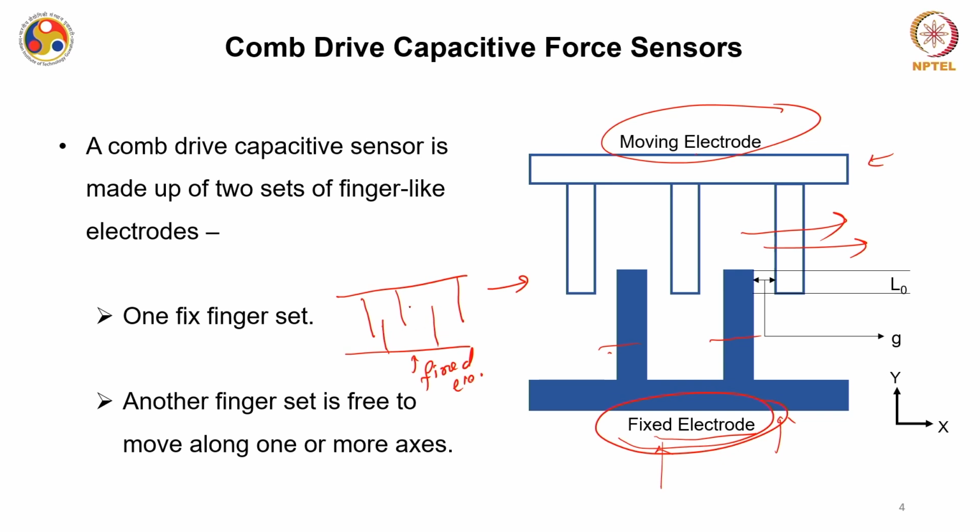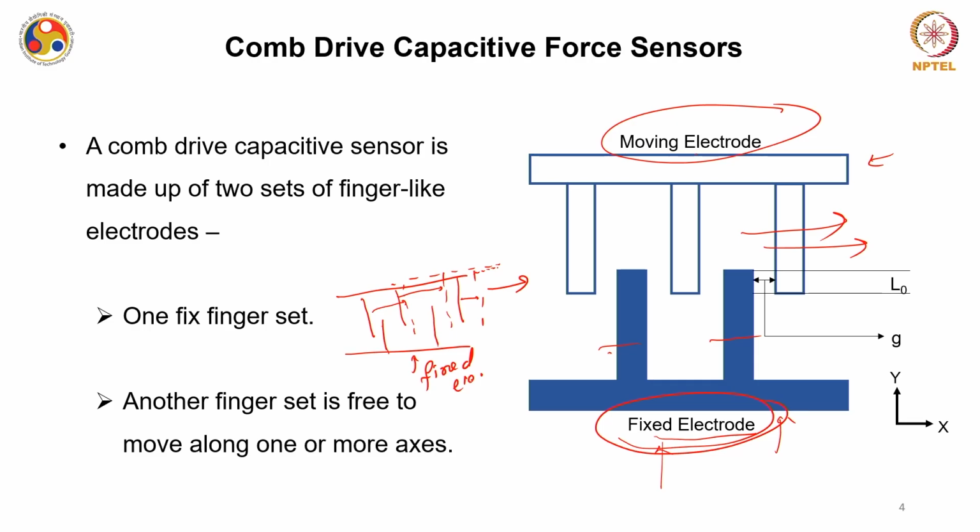Now if it is moving along the x direction, say this is the final position of the electrode, and this is how it looks. So this finger has come here, this one has moved to here, this comes here, and this comes here. It looks something like this. This is the movement along only the x-axis.